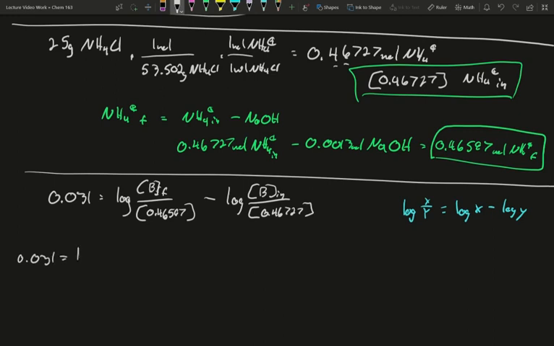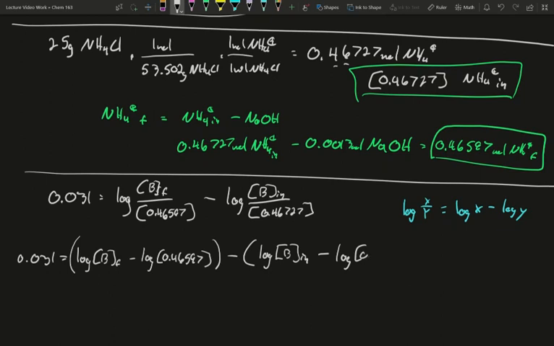0.031 must equal the log of base final minus the log of 0.46597. All that should be minus the log of base initial minus the log of 0.46727.